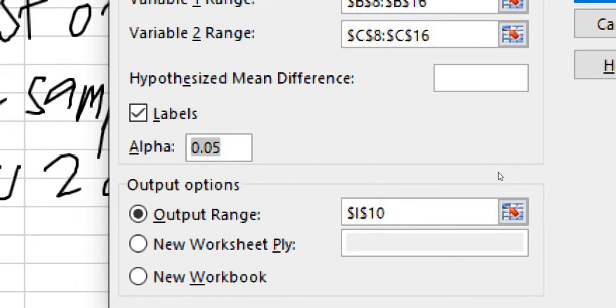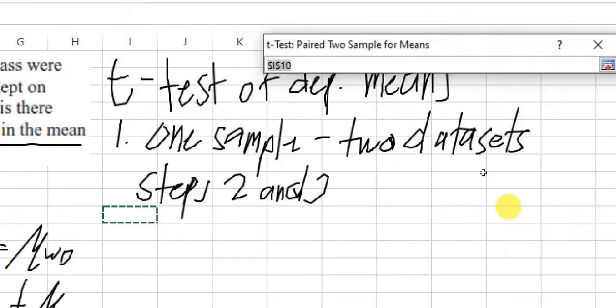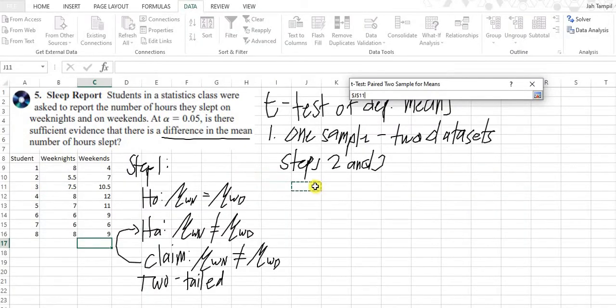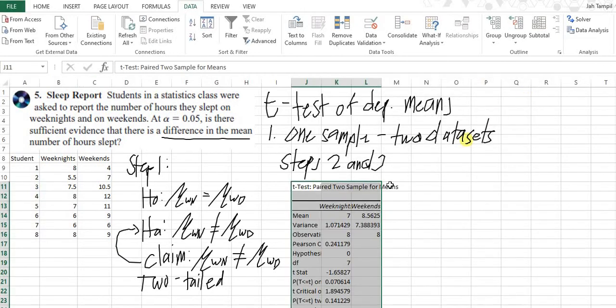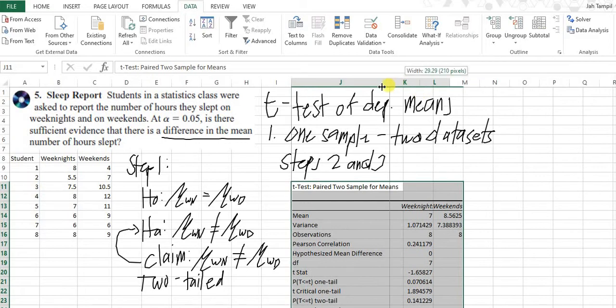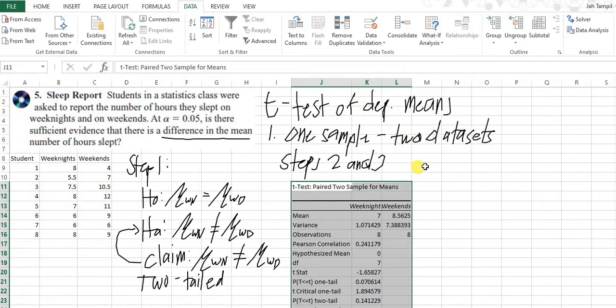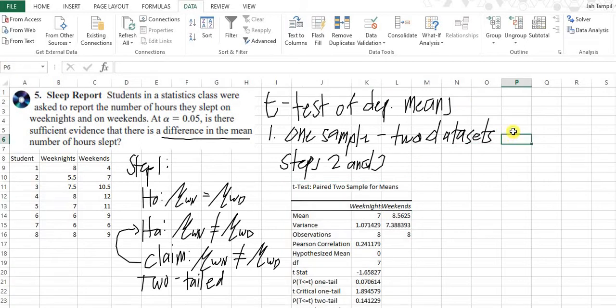Alpha is 0.05. For the output range, maybe we can just select here. When everything is okay, we click OK, and there we go. Let's adjust that a little bit more. And now we are ready to go to step number 4.